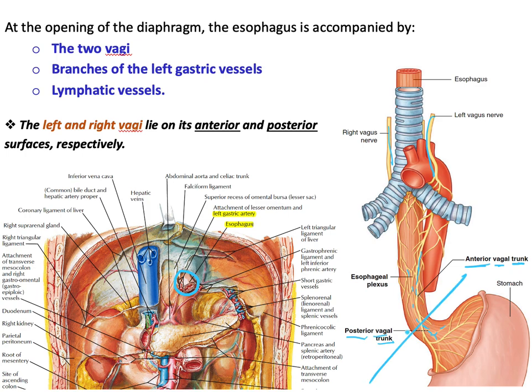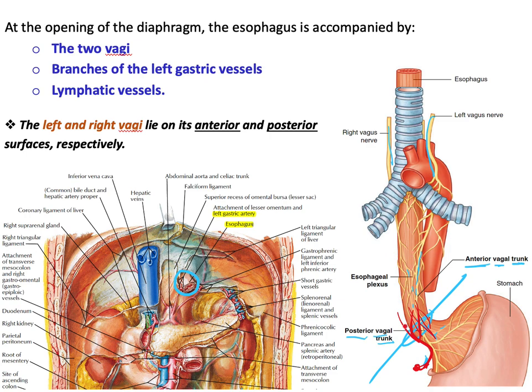So that means the esophagus, once it passes there, is accompanied by the anterior and posterior vagal trunks or vagal nerves, right? And also it is accompanied, I will show you, by the left gastric vessel, the vessel that comes from the celiac trunk that will supply the abdominal part of esophagus, also with, of course, lymphatics.